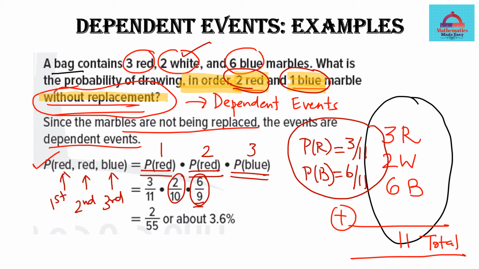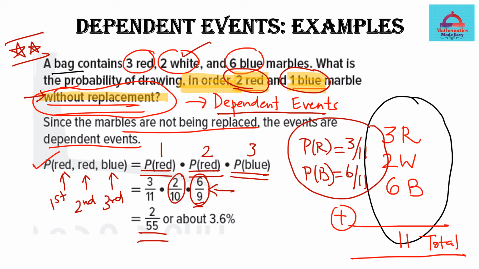I hope you have understood how the probability is getting affected. This is a very important question. I've put 2 star marks here. If you've understood this concept of without replacement, this concept of dependent events, then whatever numbers or changes they make, you will still be cracking the question well and getting the correct answer.